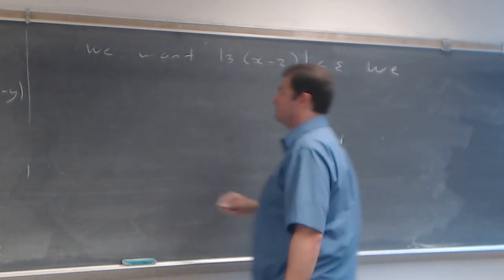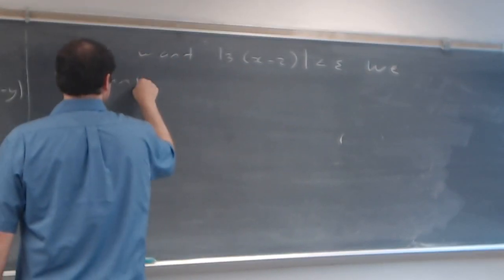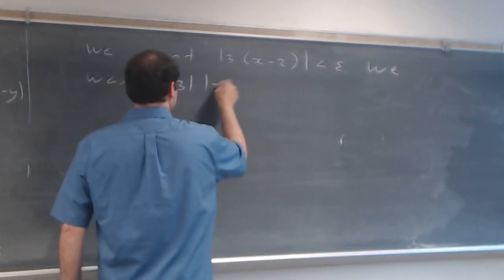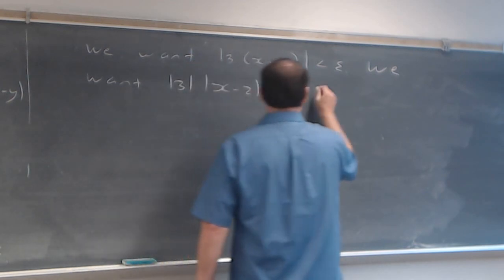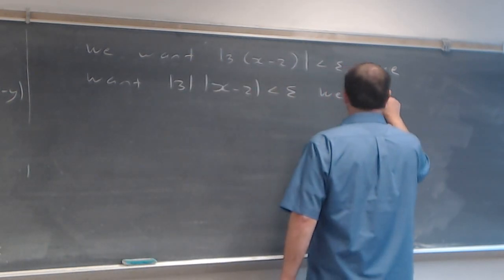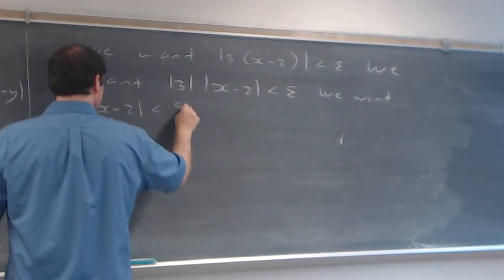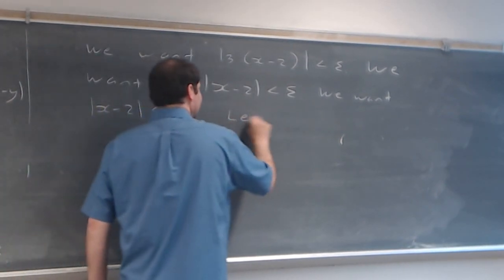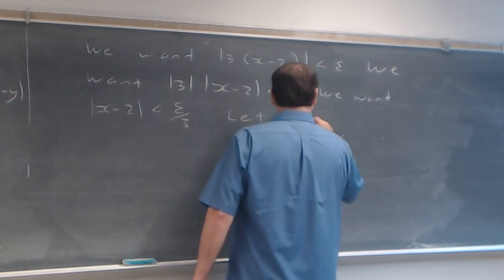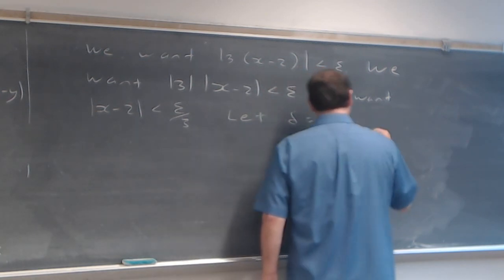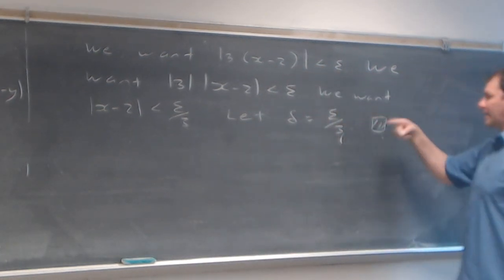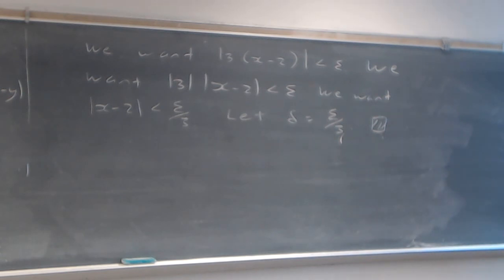So we want 3 times the absolute value of x minus 2 to be less than epsilon, so we want the absolute value of x minus 2 to be less than epsilon over 3. So we let delta, that's what we get to control, be equal to epsilon over 3. And then you work backwards, but I'm not going to be requiring that. That's good enough in this case.